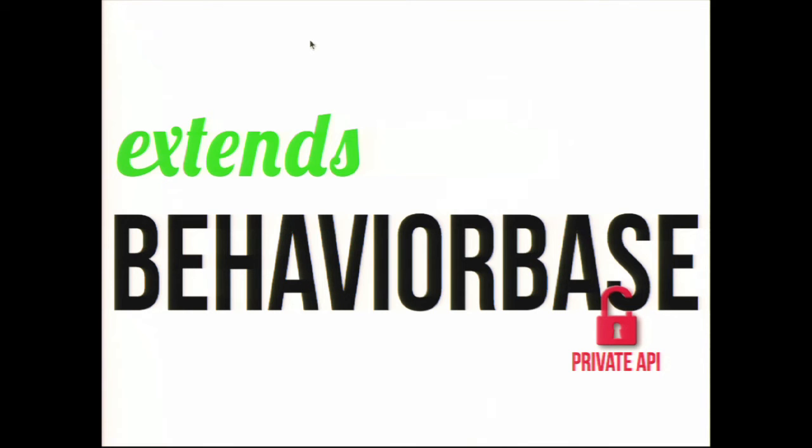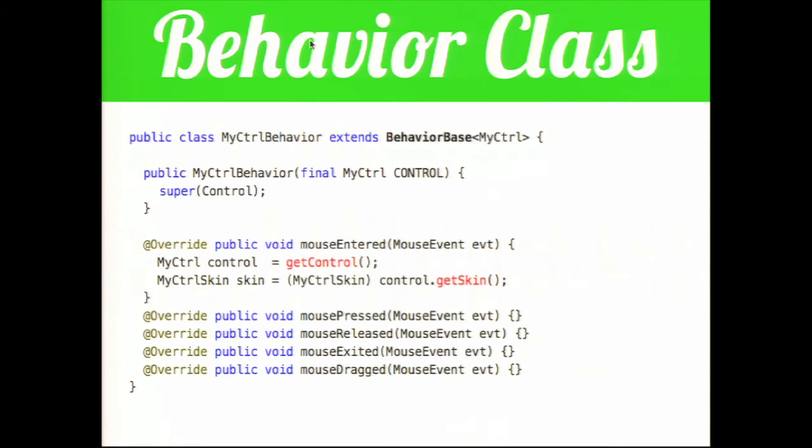If you create controls for this, you need a behavior base, and the behavior extends BehaviorBase, sorry, and the behavior is responsible, you see it here, to react on something, right? If you have mouse listeners, then you can handle the event stuff here in the behavior. So you have a clean separation between all that stuff, right?